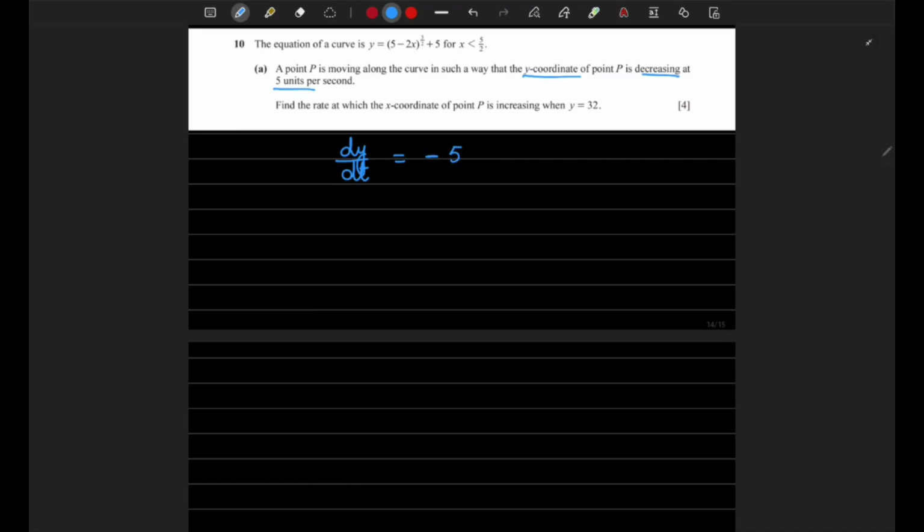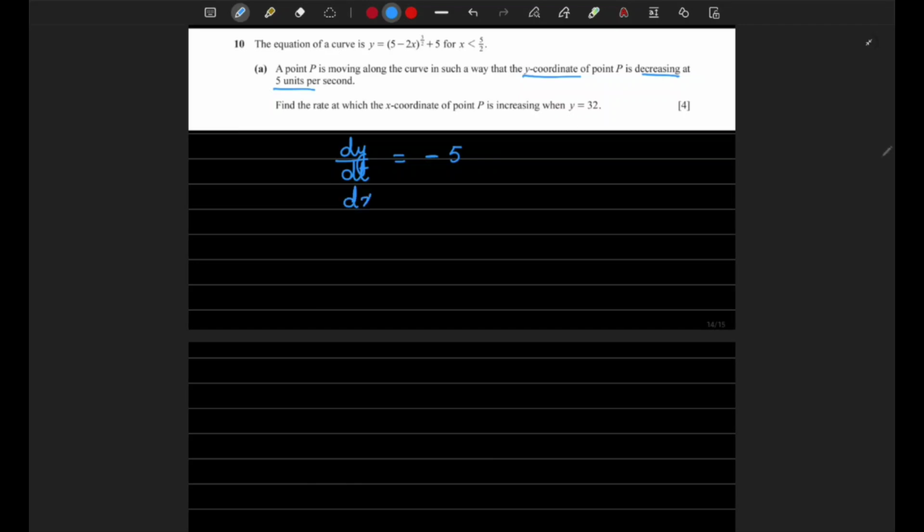Whenever the rate is increasing, we use positive, and whenever the rate is decreasing, we use negative. So this is decreasing at 5 units per second. Now, find the rate at which the x coordinate of point P is increasing.